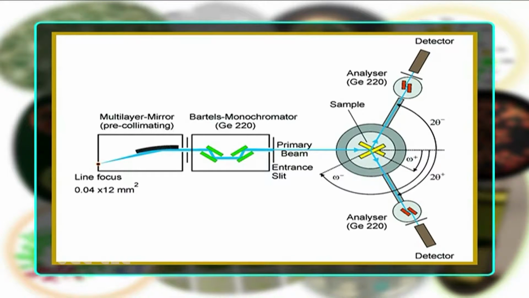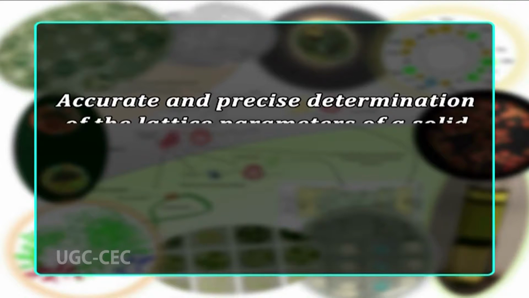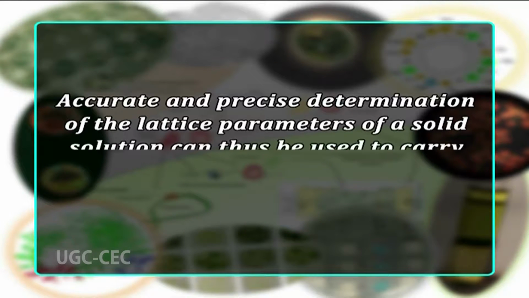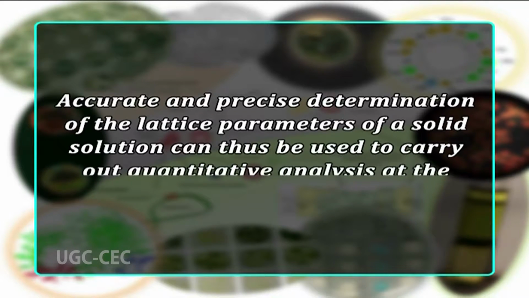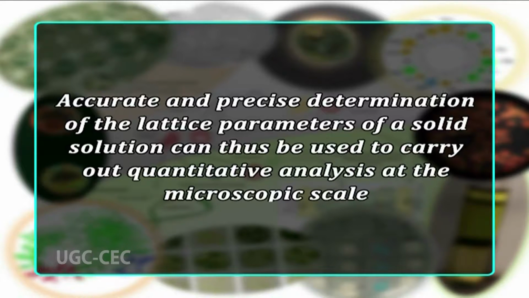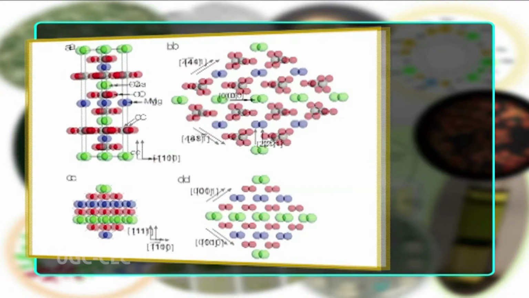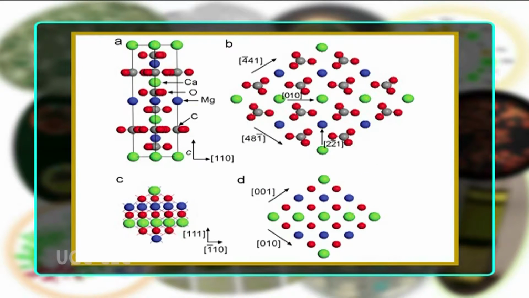XRD can also analyze lattice parameters. Accurate and precise determination of lattice parameters of a solid solution can thus be used to carry out quantitative analysis at the microscopic scale. An example is the variation in the hexagonal lattice parameters of dolomite with magnesium content.